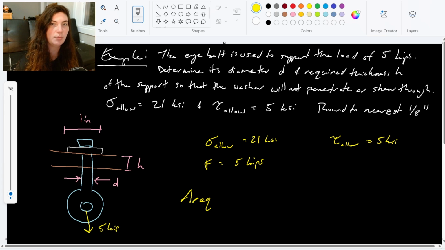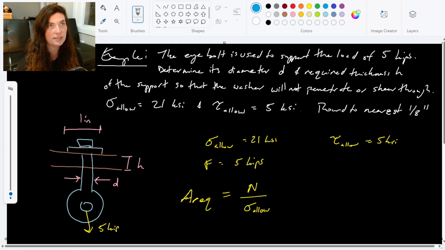We're finding diameter required, but we can find that from area required. Area required is the normal force over the allowable stress, which is great because we have both.